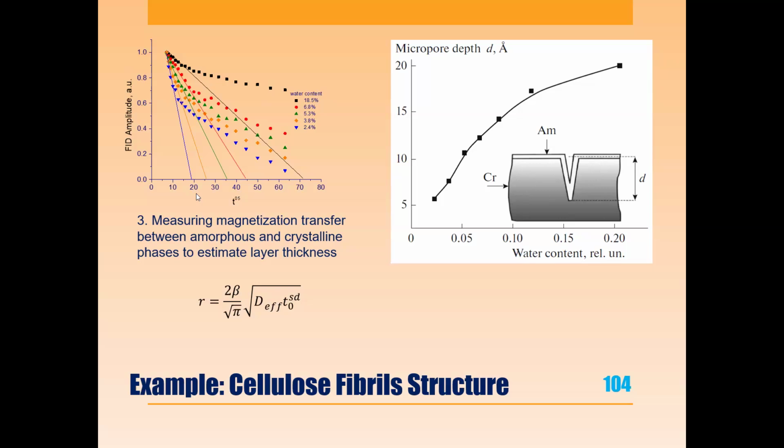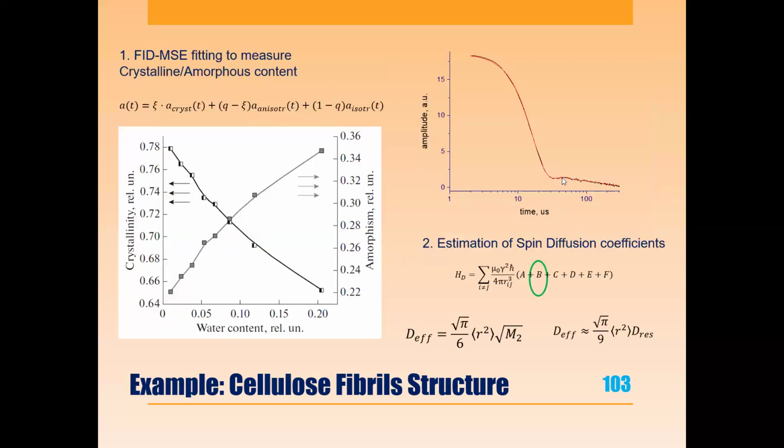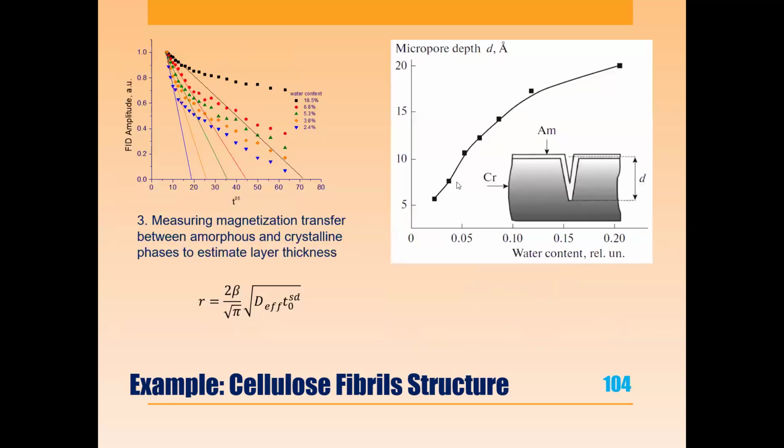I can just remind you the idea of the sequence: we kill completely the short component by 2 pulses, and then we see how the magnetization of the long component is being transferred back to the short component. So this long component is going down, but at the same time the short component arises.